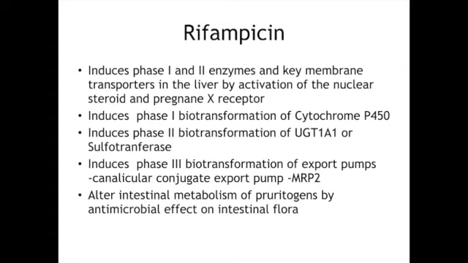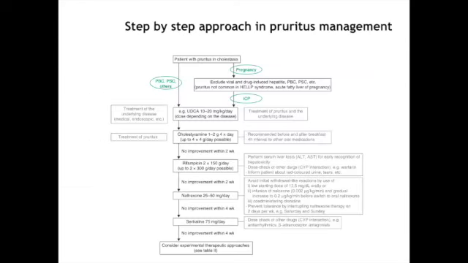So another interesting thing is alteration of intestinal metabolism of pruritogens by these antimicrobial effects. So rifampicin is another drug. Though rifampicin has got hepatotoxic effect, it is used to treat patients with intrahepatic cholestasis.